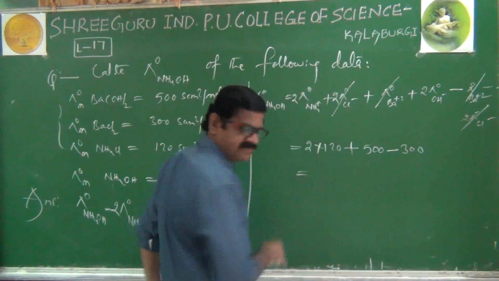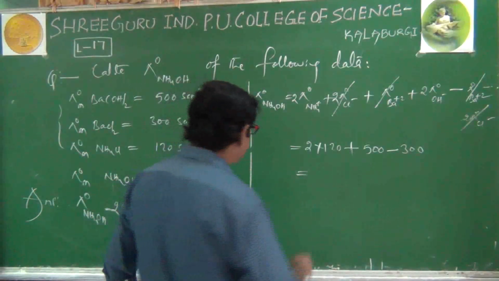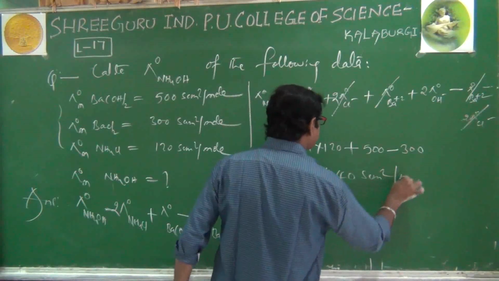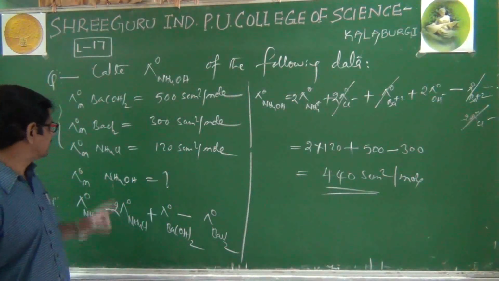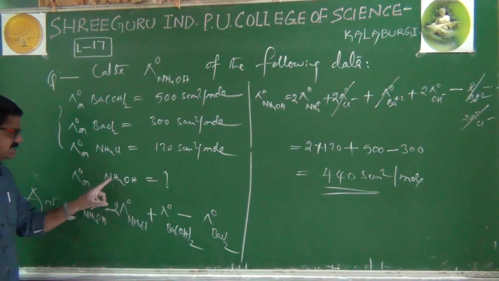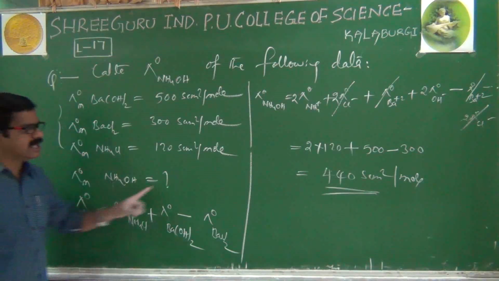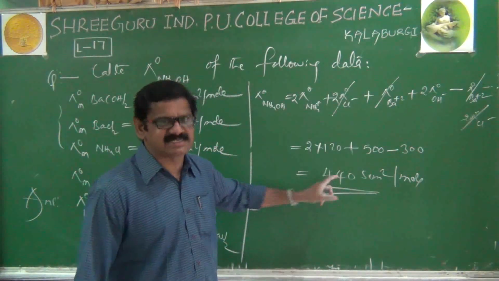If you do the simplification, you will get 440. The units are Siemens centimeter square per mole, but this is not our answer. The question is asking for the limiting molar conductance of 1 mole of ammonium hydroxide, but we are getting the limiting molar conductance for 2 moles of ammonium hydroxide.